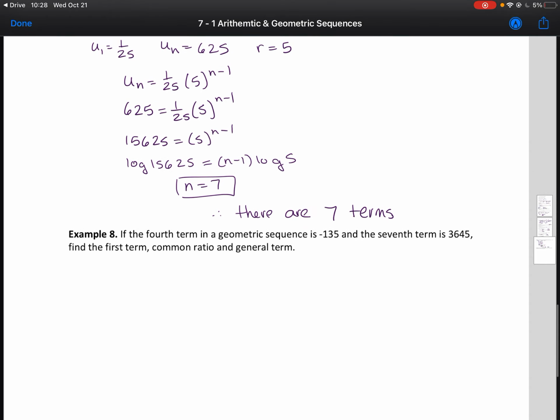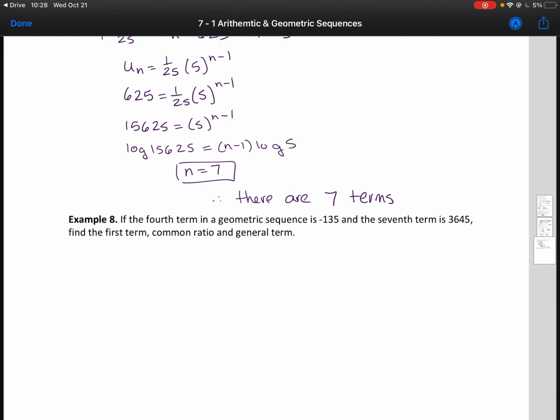The last one that we're going to take a look at is an example where we're creating 2 equations and 2 unknowns. Okay? We know that the fourth term, so u4 is minus 135, and I know that the seventh term is 3,645. I need to find the first term, the common ratio, and the general term. So I'm going to use my equations to set up what I know.